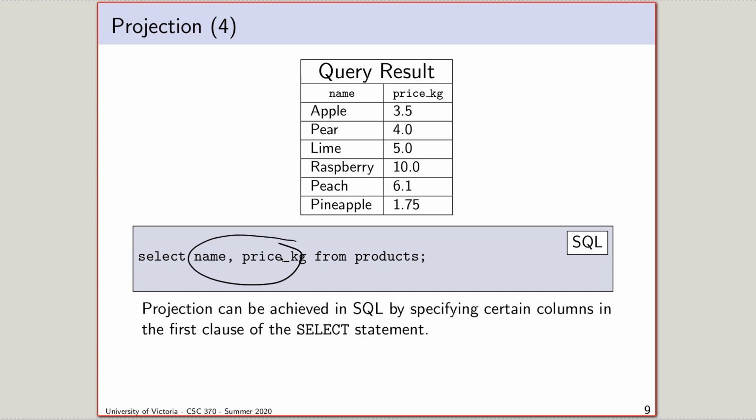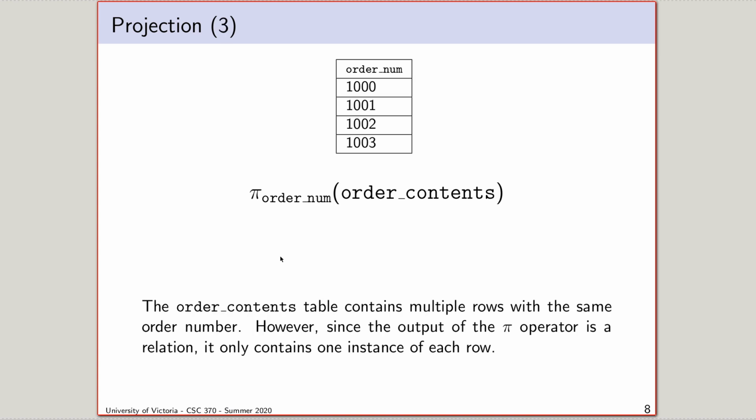I'm asking for specific columns to come out of my input table. We'll also notice that SQL does not by default remove the duplicates like I just indicated. You can tell it to do that. You can tell it to enforce a strict projection, a relational projection, but if you don't, it will let the duplicates stay in. It will just strip off the columns you didn't ask for and then give you the result.